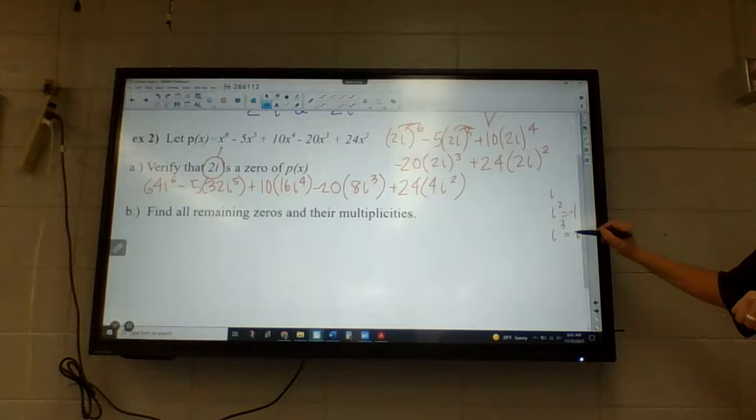Now I'm going to divide negative 5x to the 5th by x squared. Oops, no, it should be a negative 20.